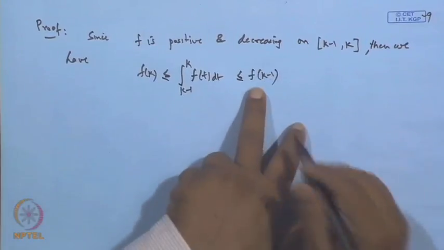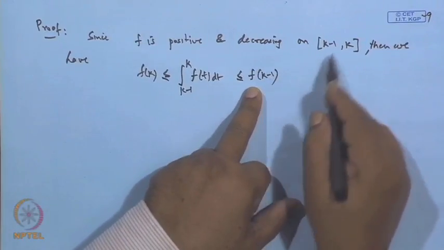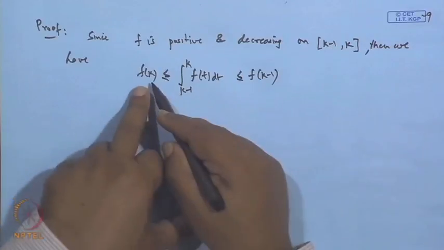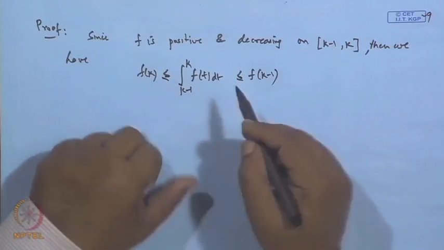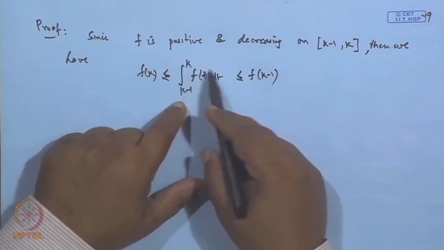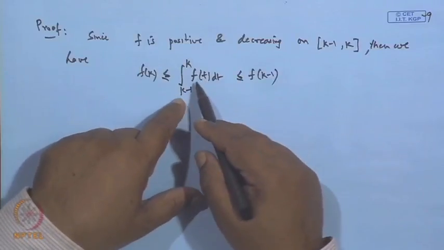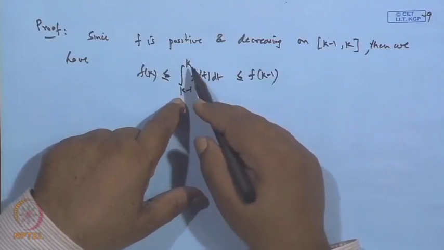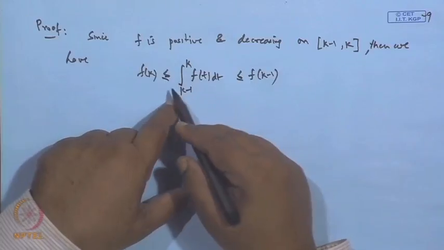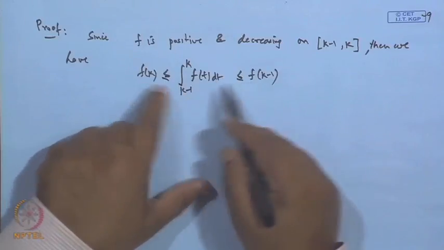Since the function is decreasing, the largest value is attained at k minus 1 and the lowest value at k. The integral is the area between k minus 1 and k, lying between these two values.